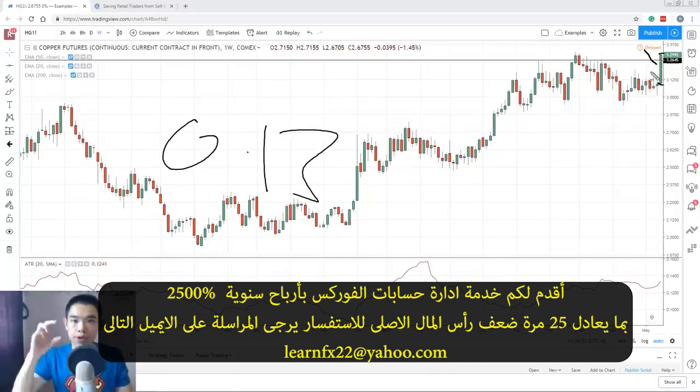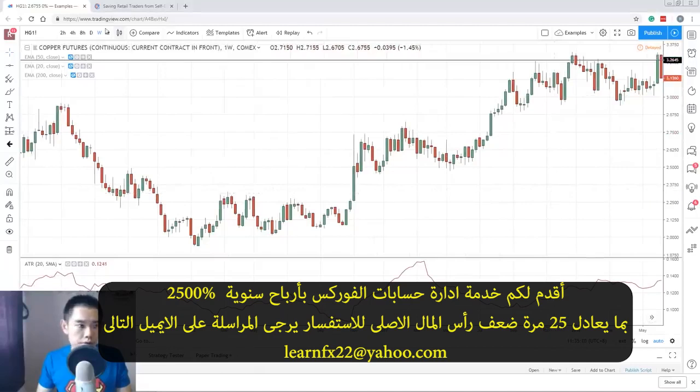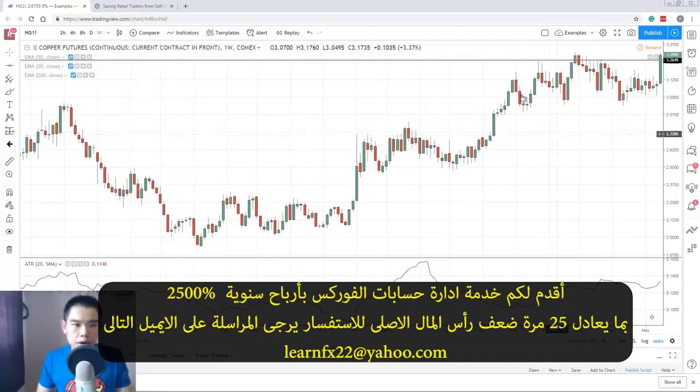The high is about 3.31 and the low is 3.09. So that's a difference of about 23 cents. So again, it's about more than 1.5 times ATR.